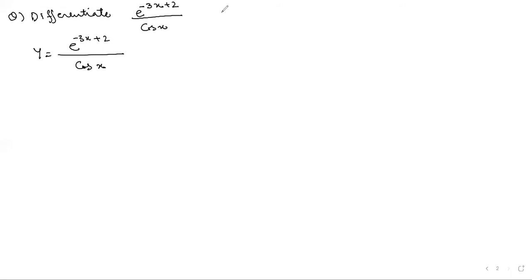The quotient rule is d over dx of u over v is equal to (v du over dx minus u dv over dx) over v square. Now we will apply d over dx on both sides.